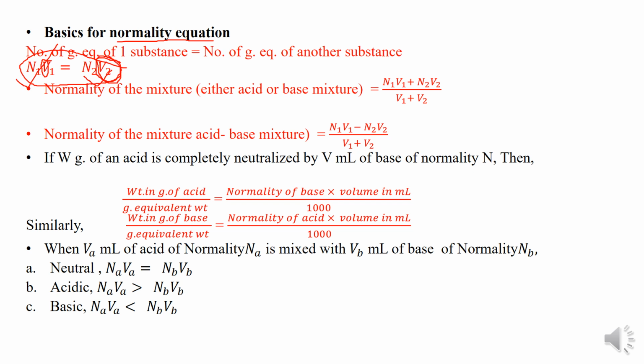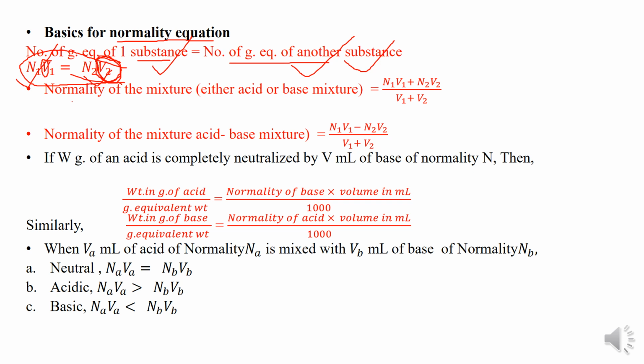Volume should be in liters to get the number of gram equivalents. So the number of gram equivalents of one substance is equal to the number of gram equivalents of another substance in any type of neutralization reaction, when both substances are reacting together. In that condition, N1V1 is equal to N2V2.